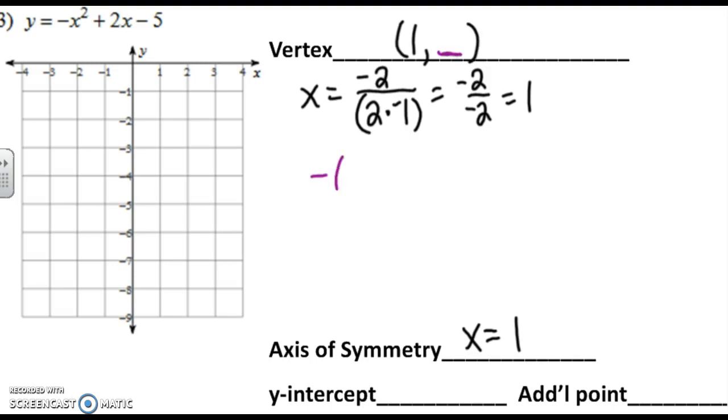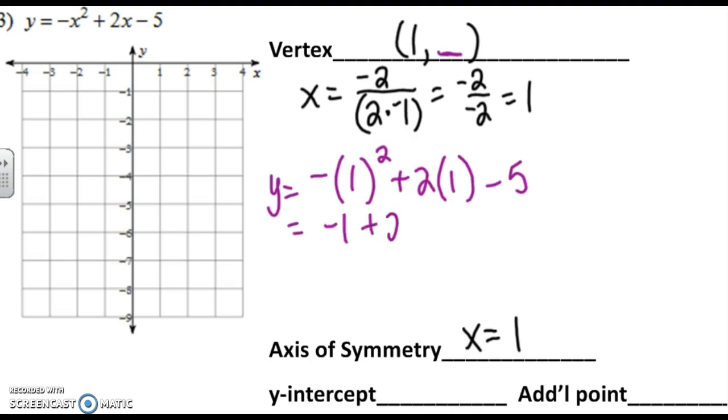So we do negative 1 squared plus 2 times 1 minus 5. So I get negative 1 plus 2 is 1, 1 minus 5 gives me negative 4.